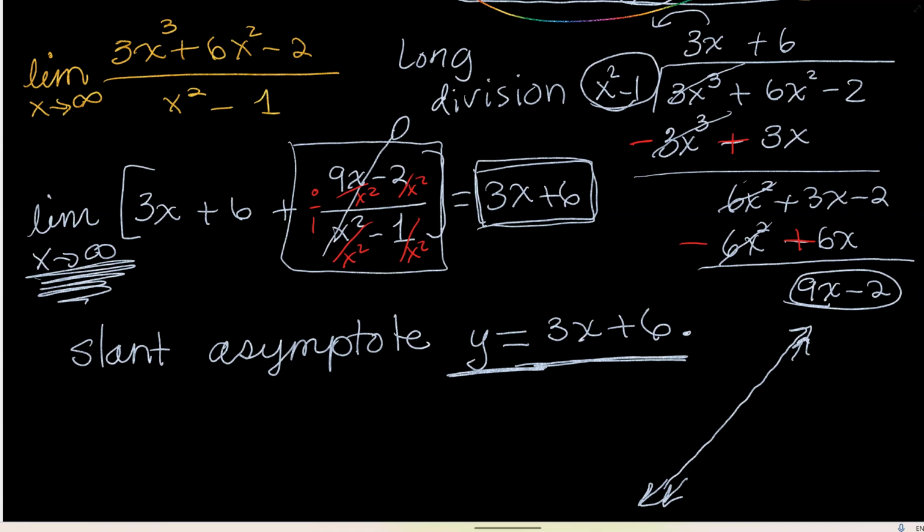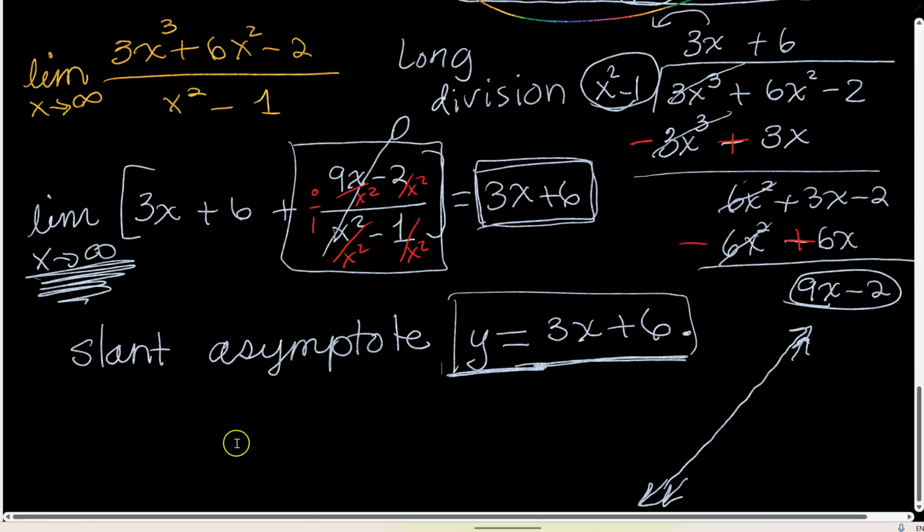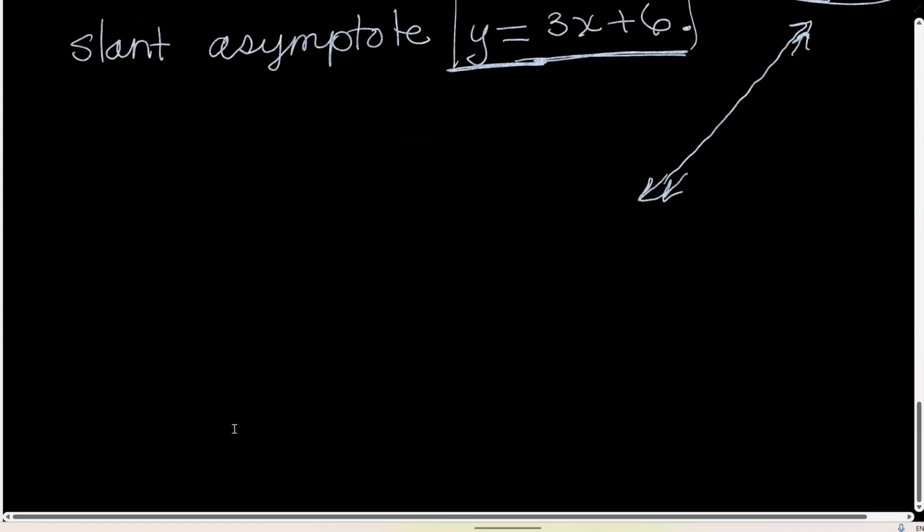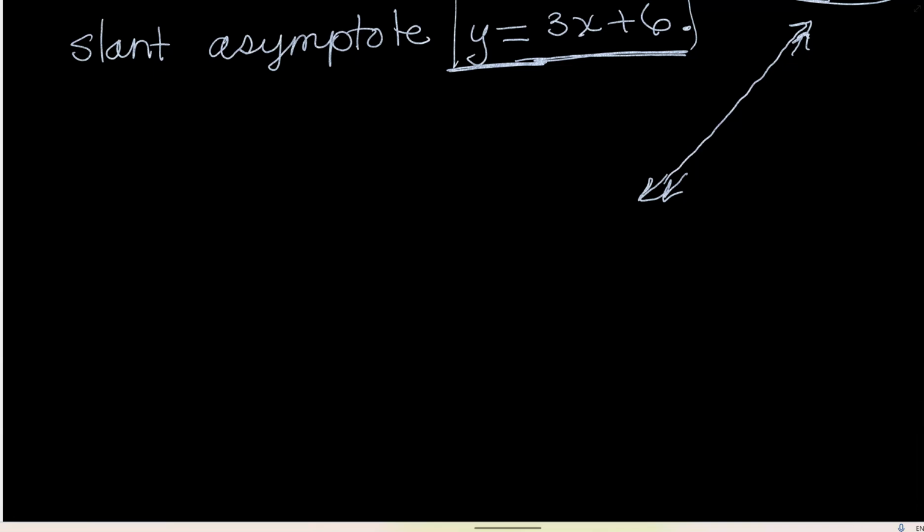Now, does it have to be a line? Could it be something like a quadratic? In which case, we wouldn't call that a slant asymptote, right? We would say that the function will behave like a parabola.